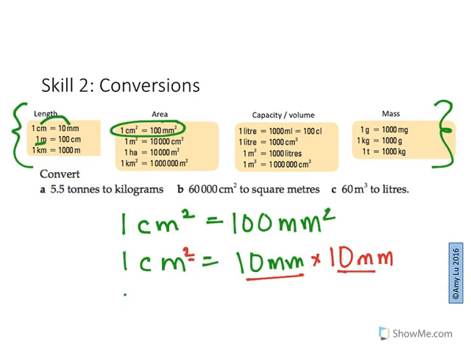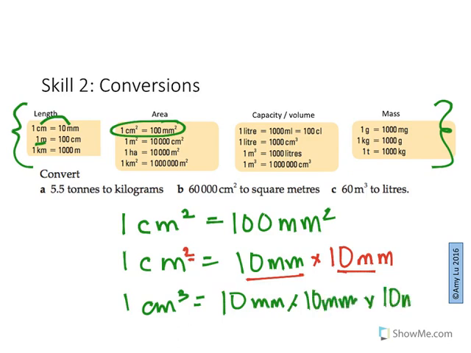So if I wanted to know 1 centimeter cubed, I would have to go 10 millimeters once, 10 millimeters twice, and then 10 millimeters one more time for the final conversion, because I need to do the conversion 3 times to get cubic millimeters. And so that's the idea.